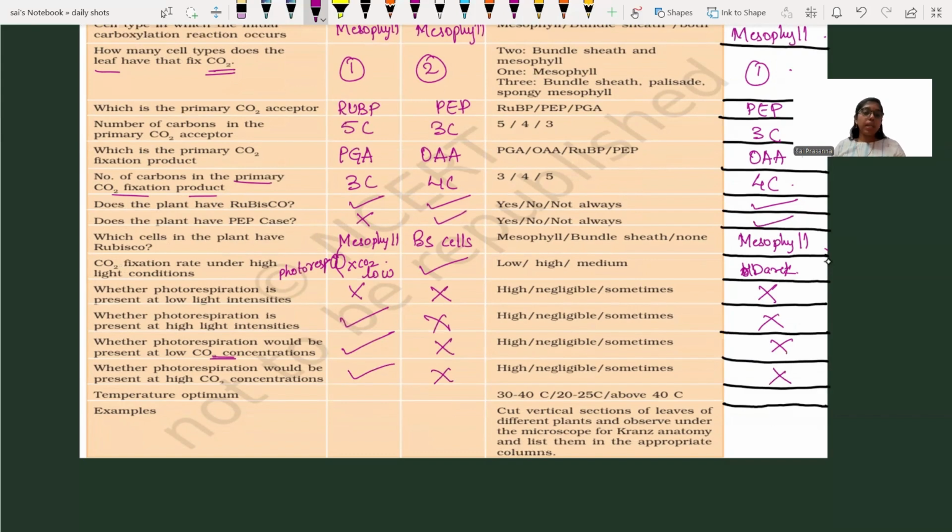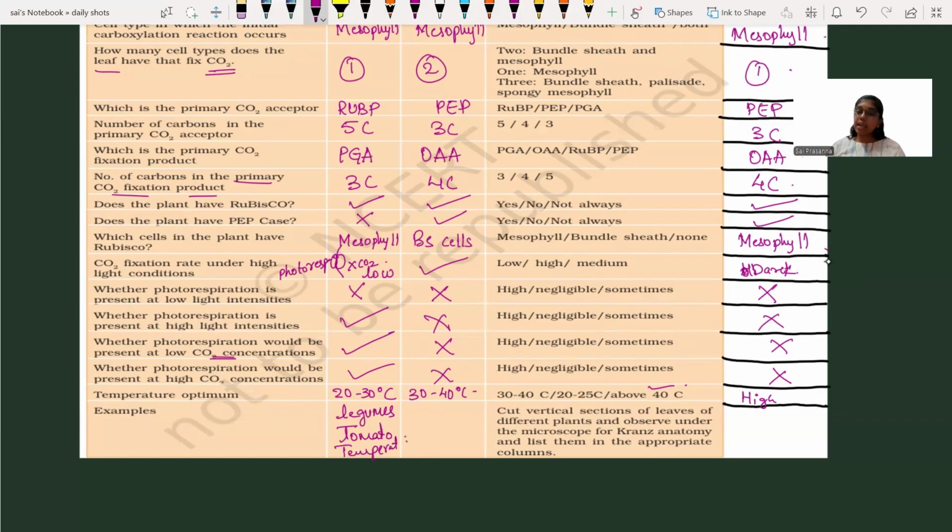Okay. Temperature optimum will be 20 to 30 degrees Celsius in C3 plants, 30 to 40 degrees Celsius in C4 plants, and here of course it is above 40. Examples for the C3 plants are legumes, tomato, and those all are temperate plants.